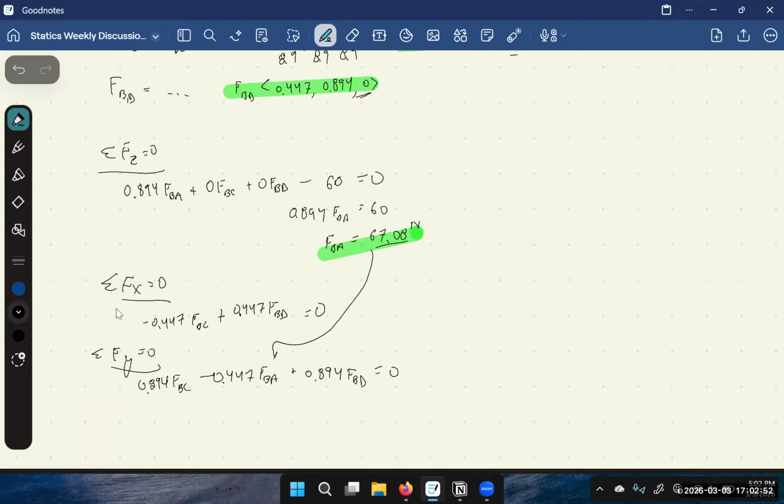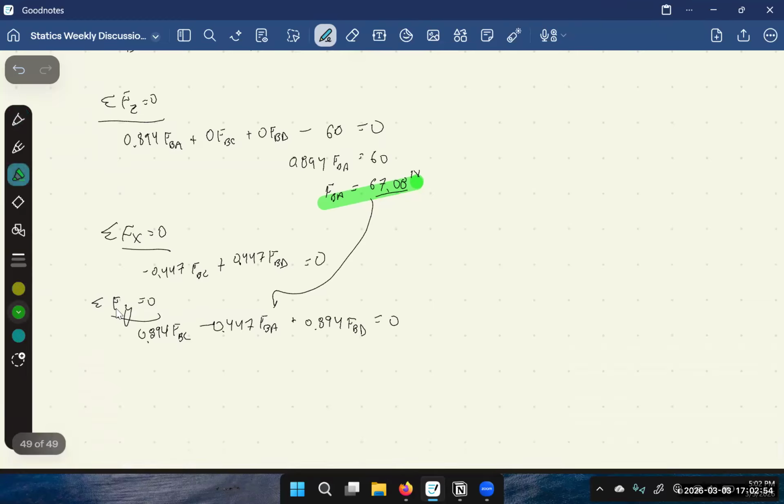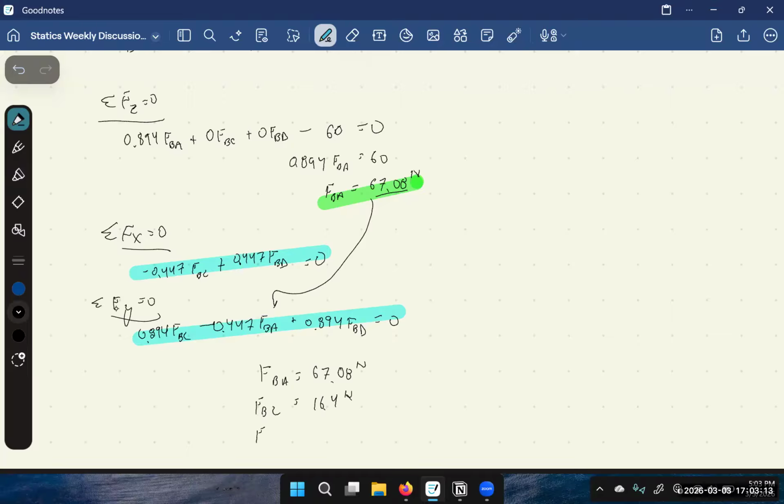So solving all of those, it's a system of two equations and two unknowns. So you can substitute things. Solve those, and you'll end up getting FBC 16.4 newtons and FBD equals 16.4 newtons.